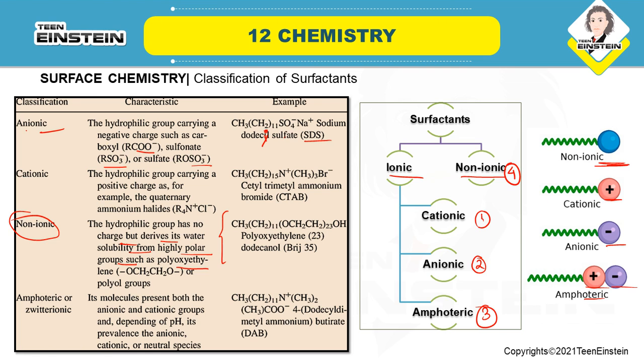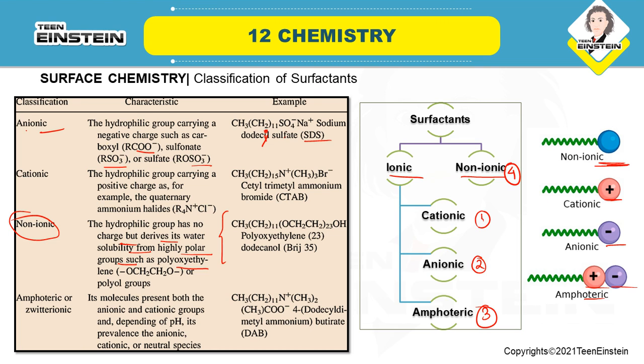I suggest that it is better if you can remember some examples of anionic surfactants and some examples of cationic surfactants, because some questions may just mention one molecule and ask what type of surfactant it is.